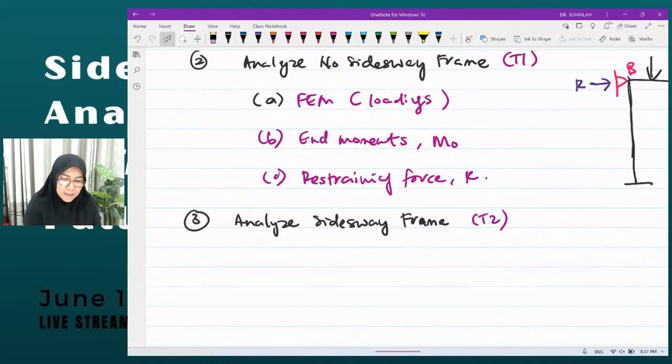In A, we calculate FEM, but this time we consider delta. Previously, under step 2, we considered loading for the FEM. This time, in the analysis of the sidesway frame, we consider delta. So FEM due to delta, but this is delta prime, and it is based on assumption.